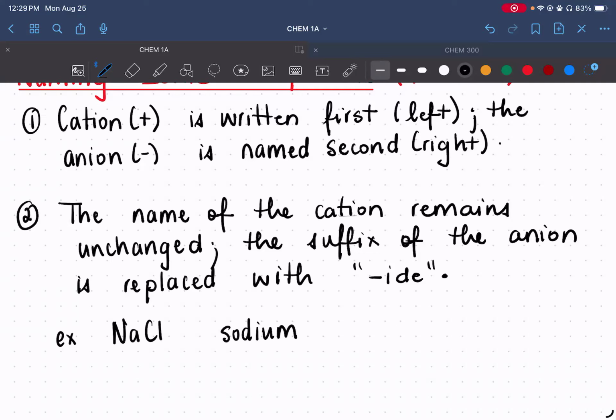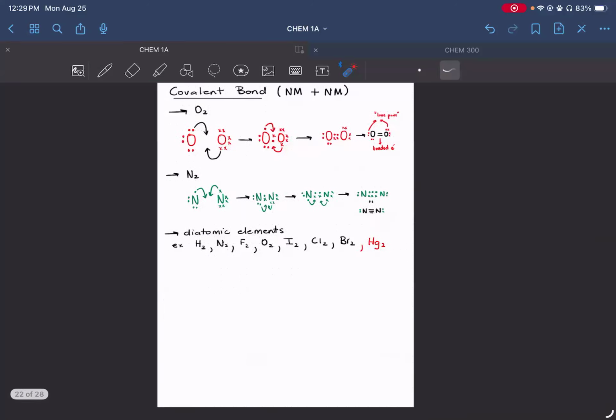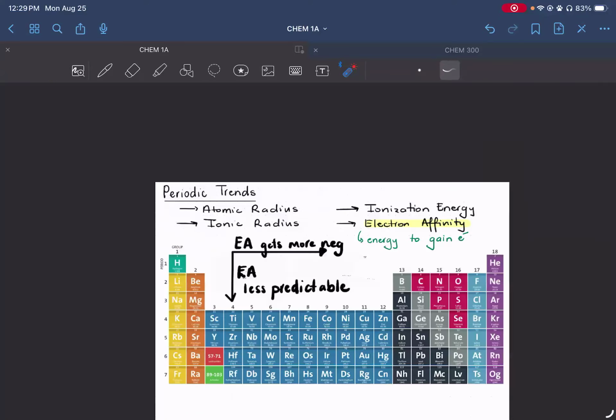How do we know that the sodium is the cation? 2 reasons. Number 1, it's written on the left. That's probably the biggest hint. Number 2, if you look at the periodic table, sodium is in group 1, which means that its ideal charge is +1. That's what tells us that it'll be positive.